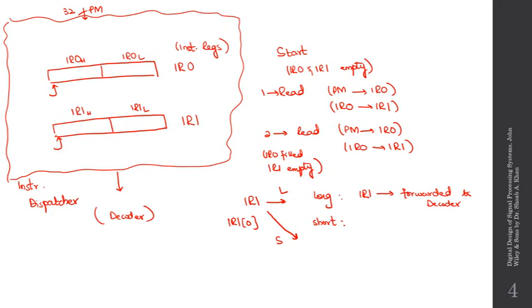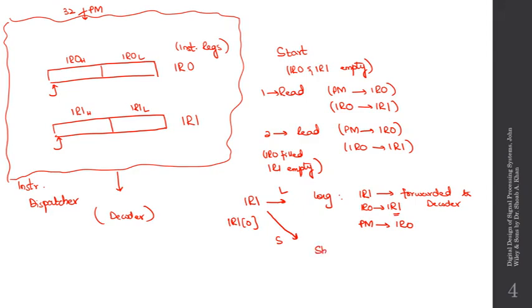If we got the long instruction, the IR1 data will be forwarded to the decoder. At the same time, the data from IR0 is going to be saved into IR1. Now that we have a 32-bit space available, we can call upon the next instruction, and the next instruction coming from PM can be saved into IR0, because the data from IR0 is now saved into IR1 and the data from IR1 has been forwarded for further processing.